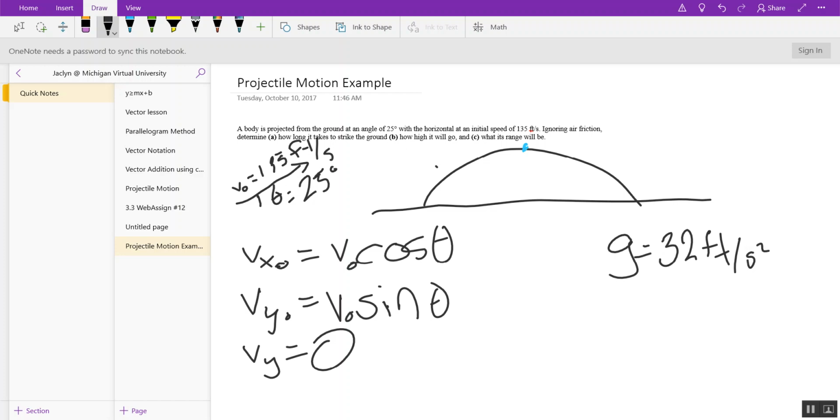Again, on the AP Physics exam, you'll always use 9.8, but it's the same concepts. So if I plug in my values for the initial velocity and my theta values, I find that my initial x velocity is 122 feet per second, and my initial y velocity is 57.1 feet per second. Okay?